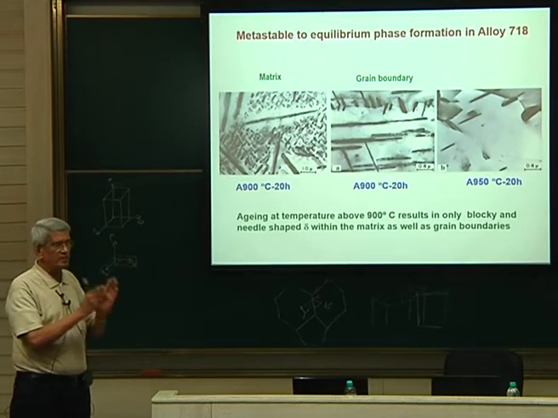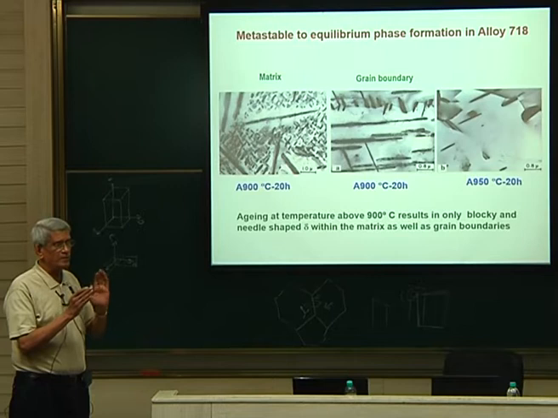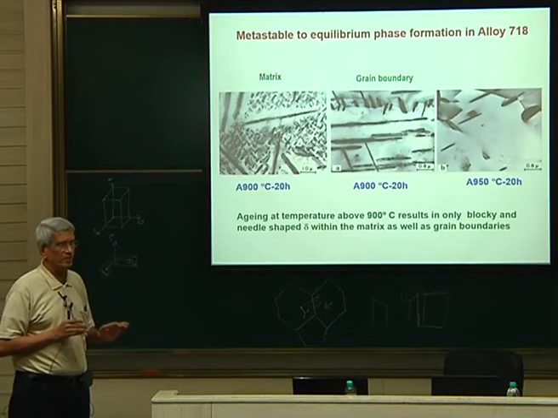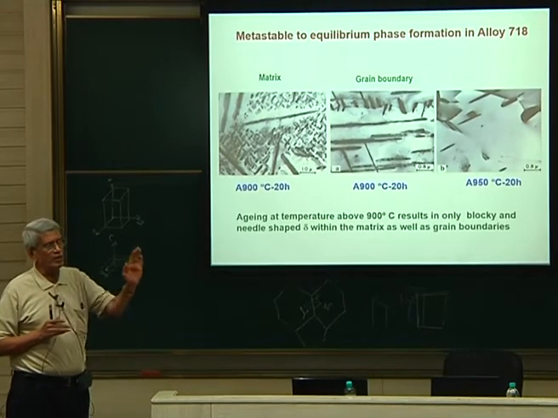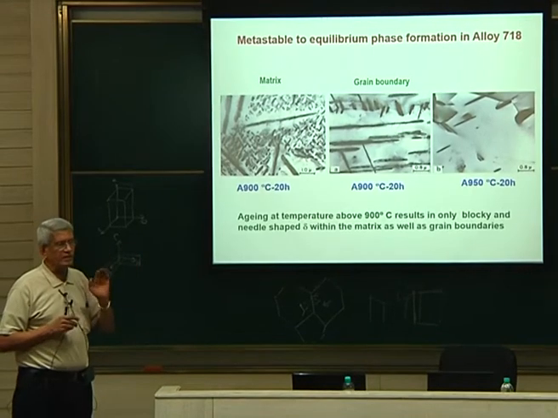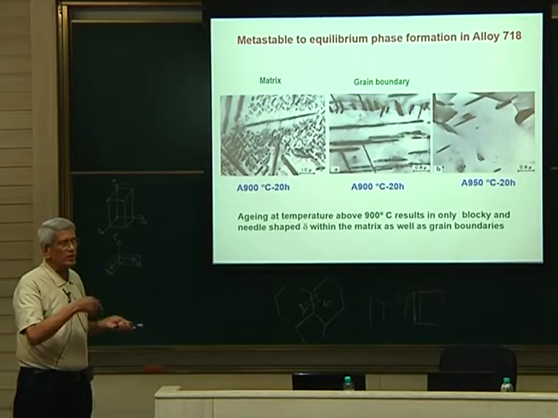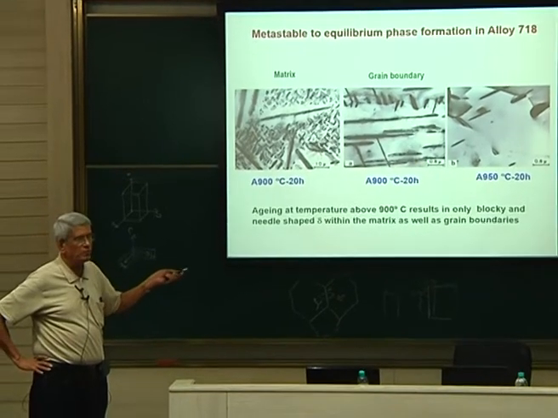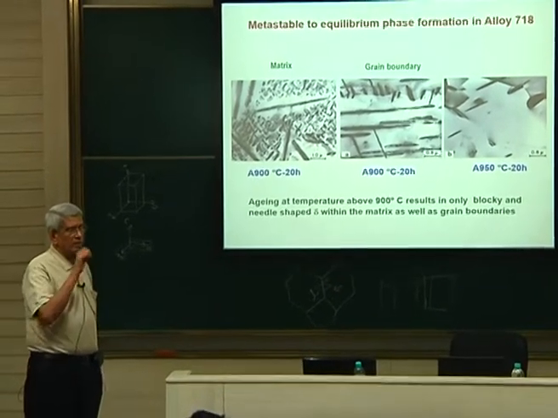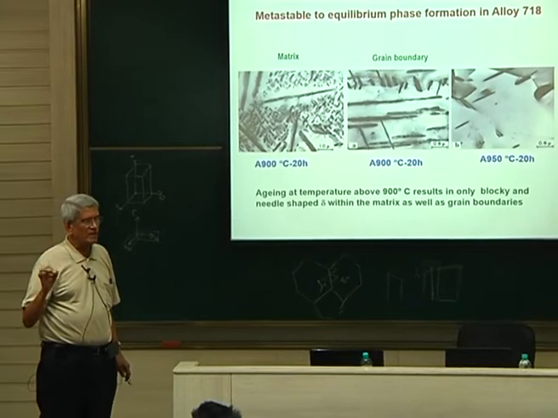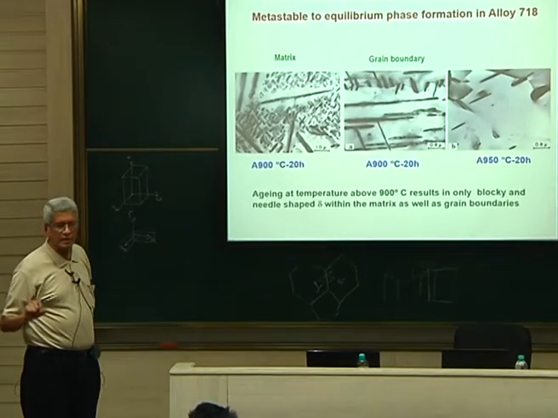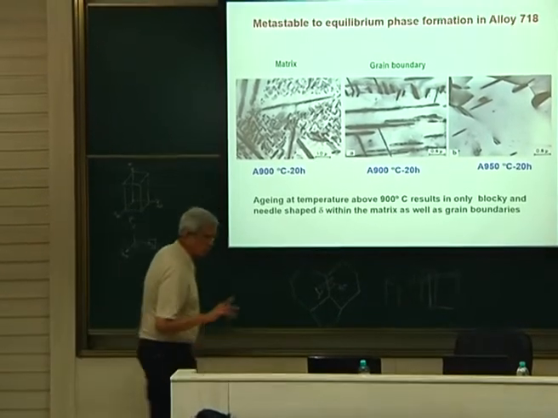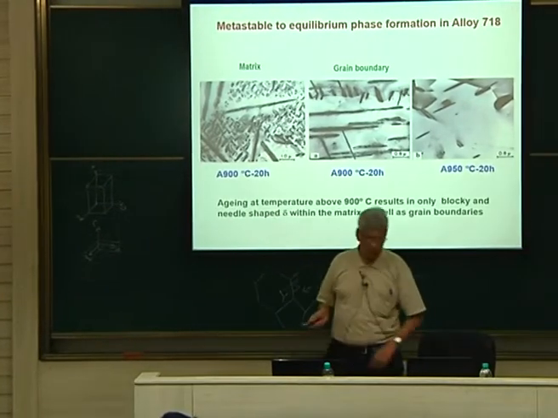When we age the alloy initially at some particular temperature, we find that it has some particular strength. As you age it for a long time and then look at the yield strength, it comes down. That is because it might have completely transformed to the equilibrium phase. When the equilibrium phase has formed, the interparticle spacing is very large, so the strength automatically comes down. You know that the strength is related to interparticle spacing.